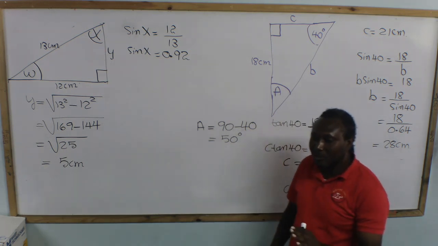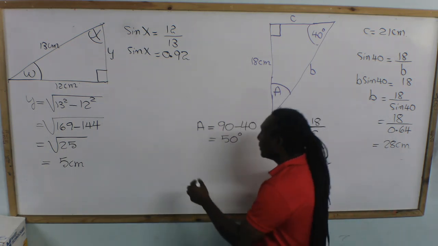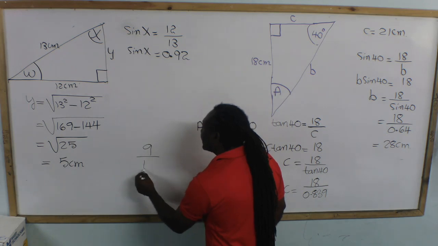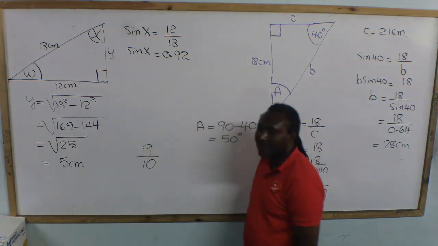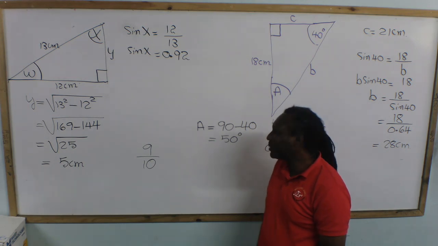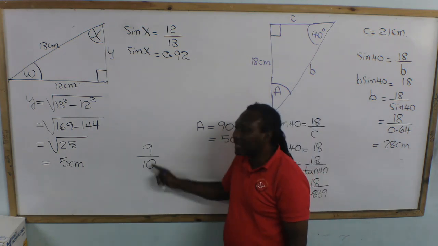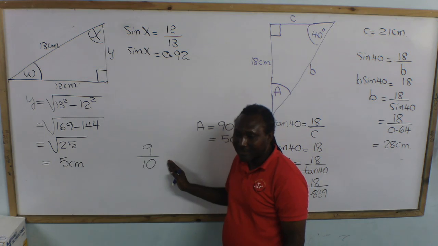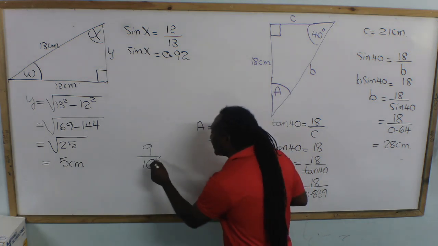Alright, listen now, students. Look at this easy. What is 9 over 10? Actually 0.9, right?